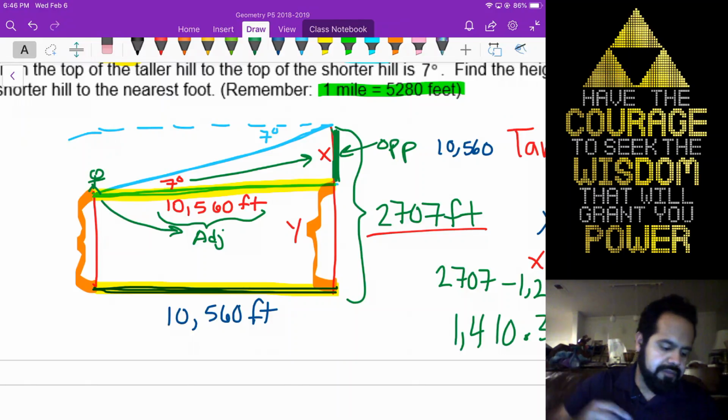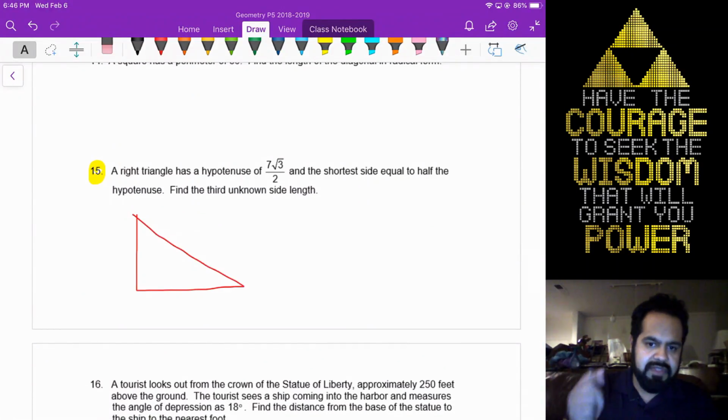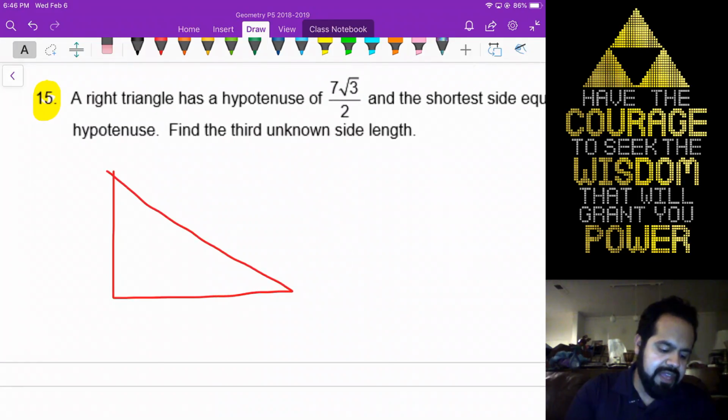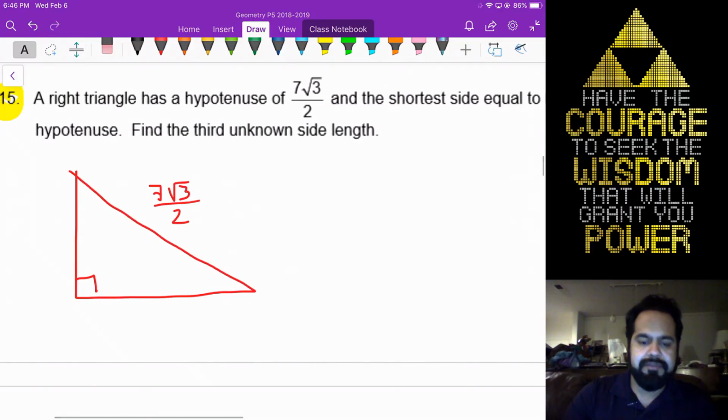Okay, cool. So let's go back to our 15, 9, and then we'll go to 20 for Ariana. So here's our right triangle. The hypotenuse is 7 rad 3 over 2. Okay, so then we also know that the shortest side is equal to half the hypotenuse.